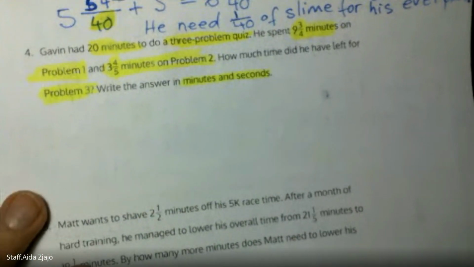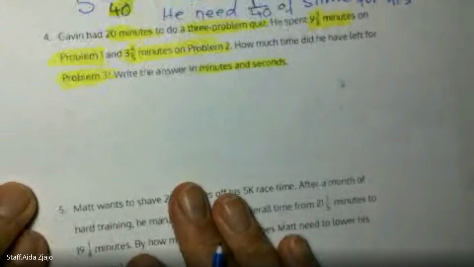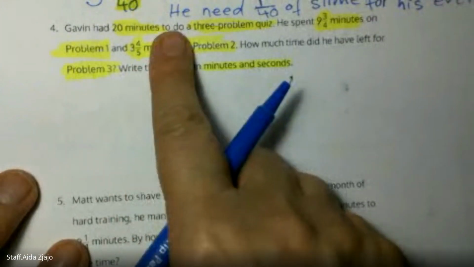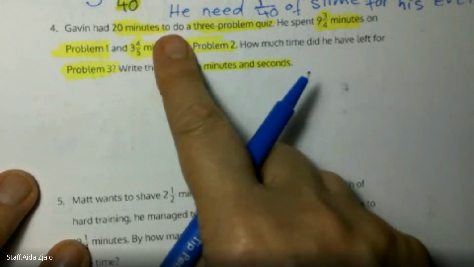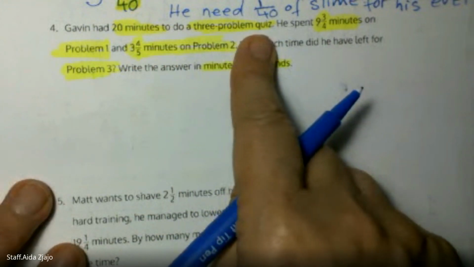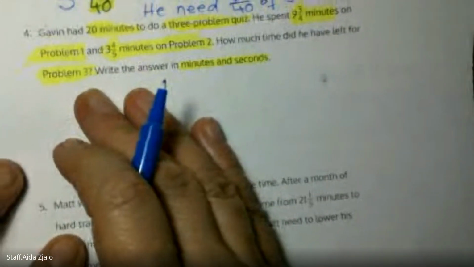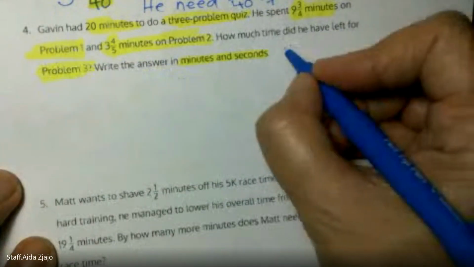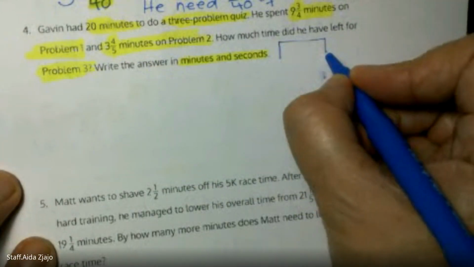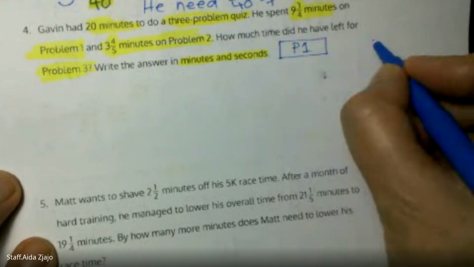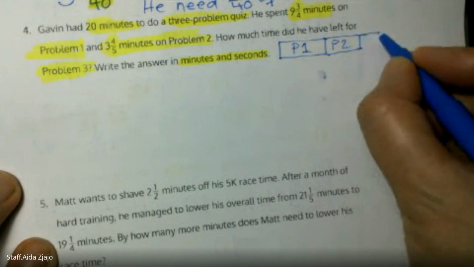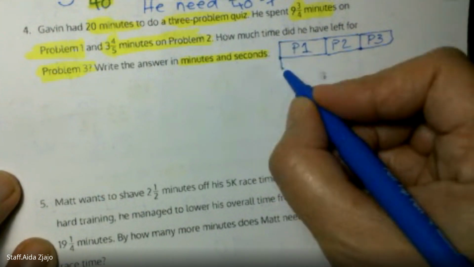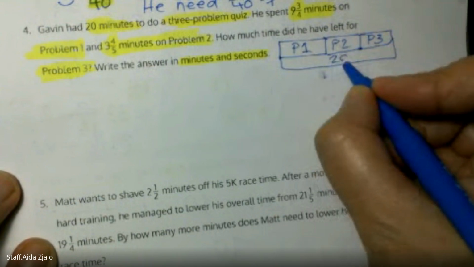So let's see how that will work. Gavin has 20 minutes. That means the total of the time is 20. And he needs to do 3 problem quizzes. So if you go problem 1 plus problem 2 plus problem 3, that all has to be 20 minutes.